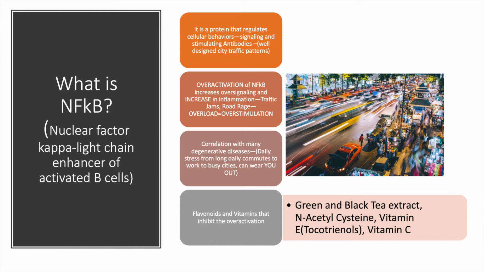Again, it correlates with many degenerative diseases. This daily stress, like long daily commutes to work in busy cities, can wear you out. Some flavonoids and vitamins that inhibit this overactivation: green and black tea extract, N-acetylcysteine, vitamin E, and vitamin C.